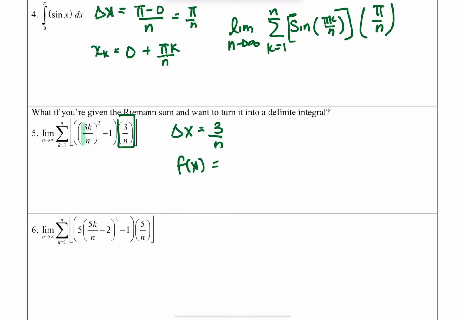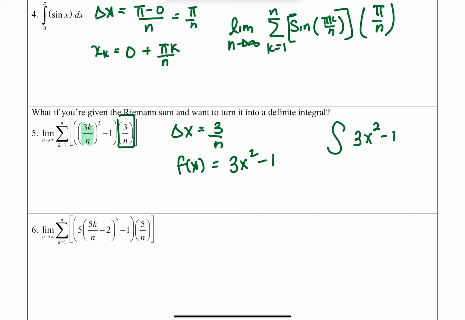So my substitution here is going to be 3x squared minus 1. We still need to figure out what a is and what b is, but we know that it has to be a difference of 3.